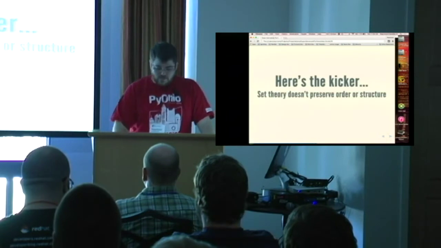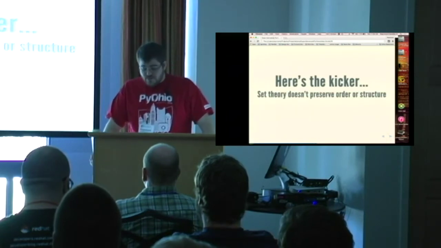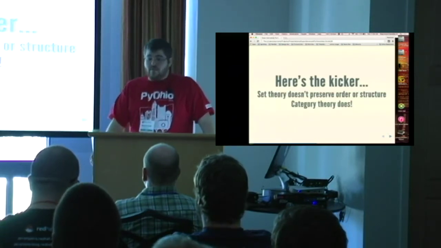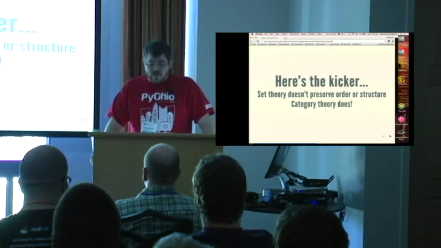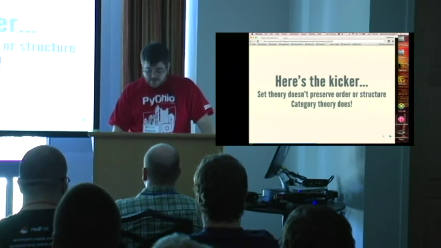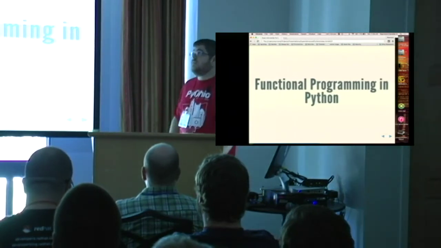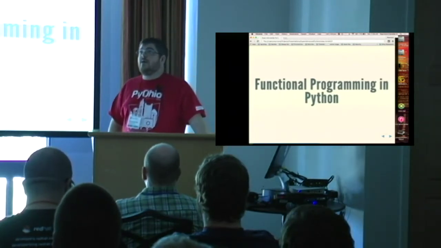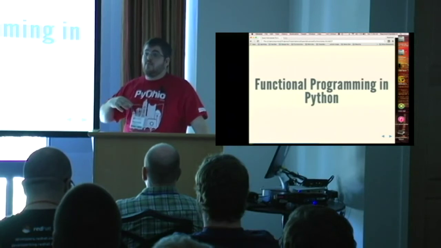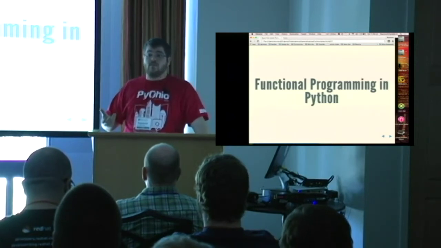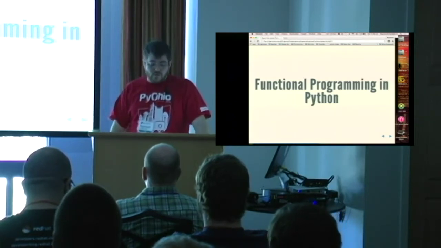Here's the kicker. Set theory doesn't preserve order or structure. Category theory does. So we can do some really awesome, amazing things with it. And that's the underlying theory behind why Python is such a powerful language at its core.